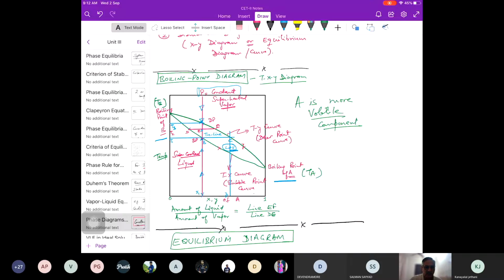Okay, so this was the boiling point diagram, right? So what we are doing is we are plotting temperature on the y-axis versus mole fraction of the more volatile component on the x-axis. What is more volatile component?